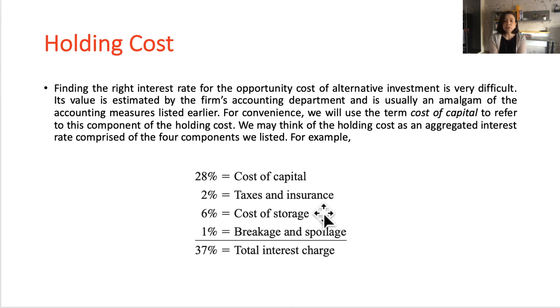In that case, the cost of storage may increase. Or think about a very fragile item. In that case, maybe the percentage given for the breakage may increase. This is only a special example. This is not valid for all the items.